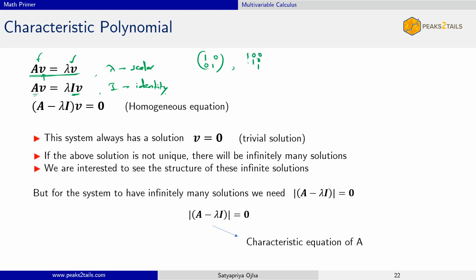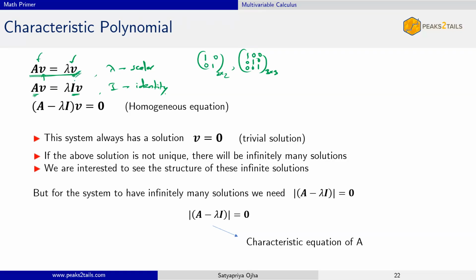It's a 2 by 2 I, it's a 3 by 3 I. So depending on whatever A is, I can take the same size I. Actually, V's dimension would also match, remember the number of rows would match. Okay, so the same dimension I'll take for the identity square matrix.